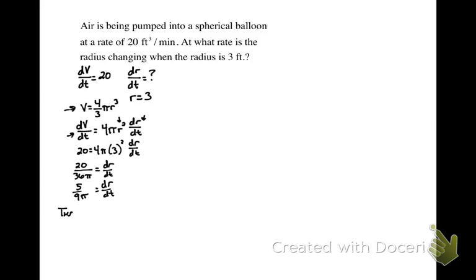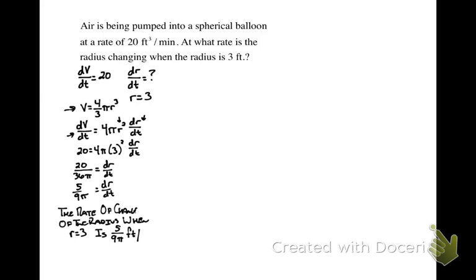The rate of change of the radius, and is it a constant? No, this is specifically when r equals 3 is 5/9 pi. And what are the units on this?